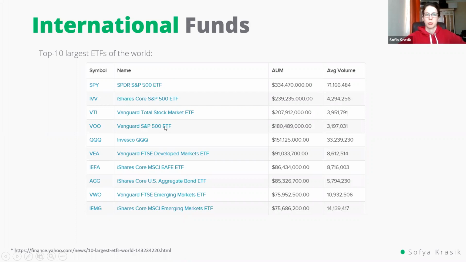As we said, this index is probably the most popular in the world. And also familiar names: Vanguard, iShares, which we already discussed, Invesco, and SPDR. Actually, I haven't heard of it myself, but I believe SPY is the biggest fund in the world.